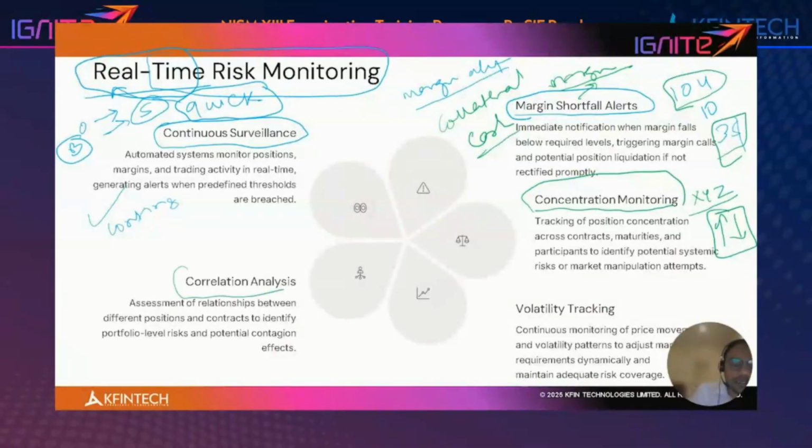Correlation analysis: assessment of the relationship between different positions and contracts to identify portfolio level risk and potential contagion effects. Suppose I have a government of India bond, then a state government bond, and then corporate bonds, something like this. I have a 10 bond portfolio. Now this government of India bond is less risky, so I'll just mark it in amber. And the corporate bond is more risky.